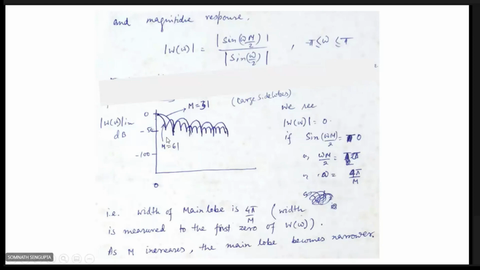You can see that for M equal to 31, the width of the main lobe is higher than the width of the main lobe when the number of samples is more, that is 61.